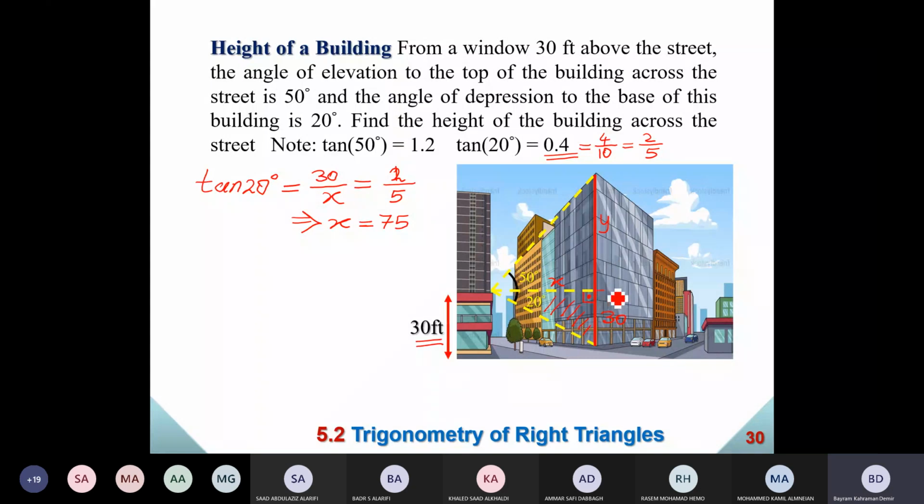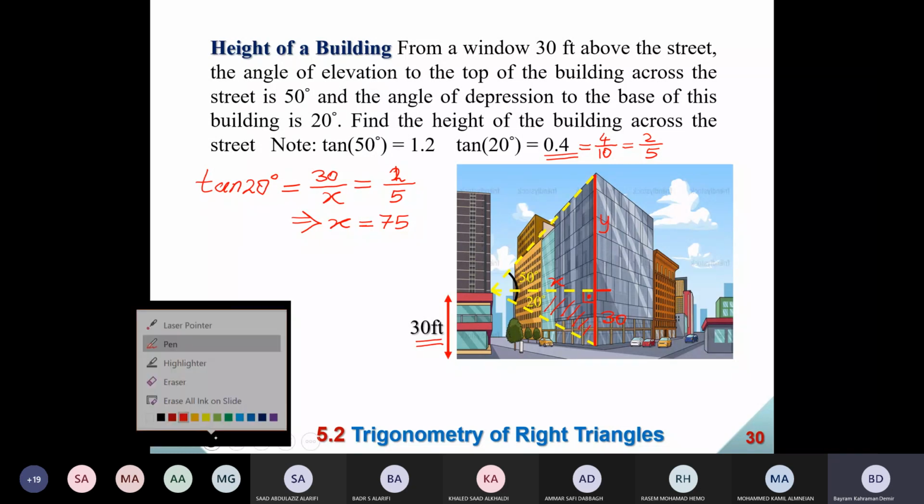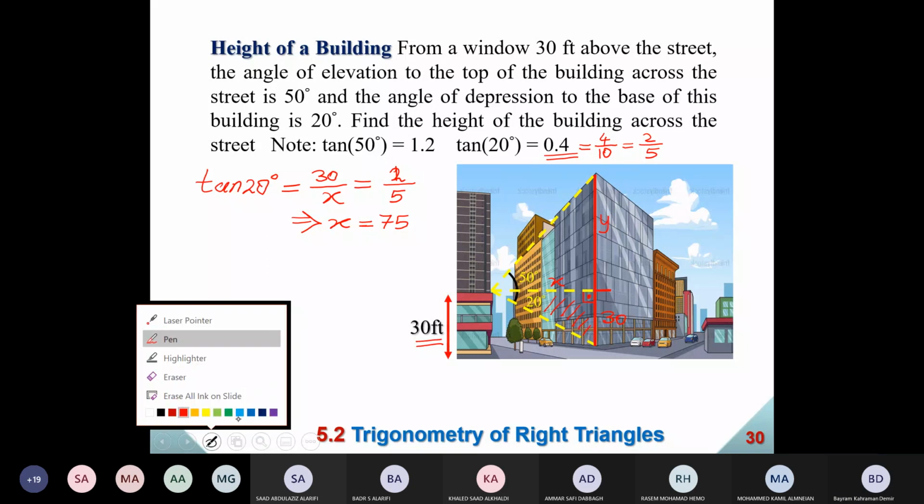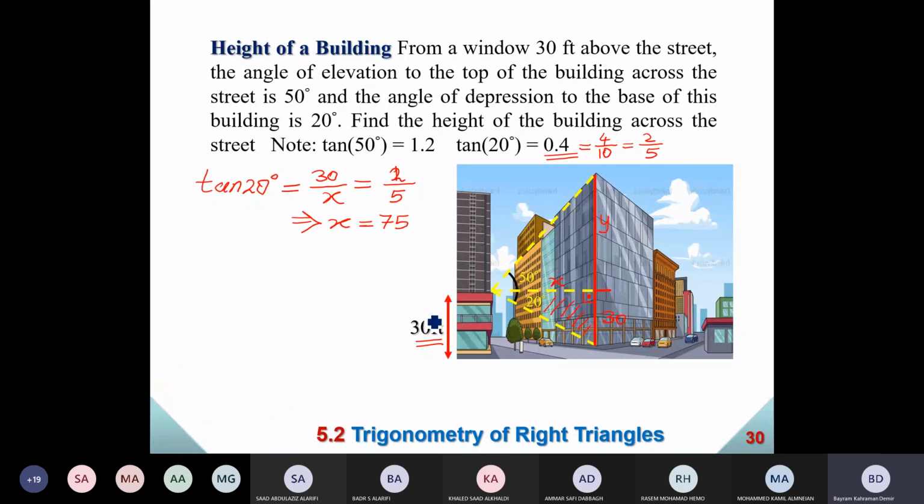All right. Now let's go to the larger triangle. Let me color it for you, Shabab. Okay, let's come to this triangle, and use the tangent of 50 degrees here.